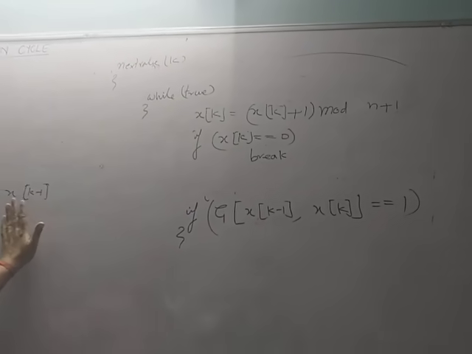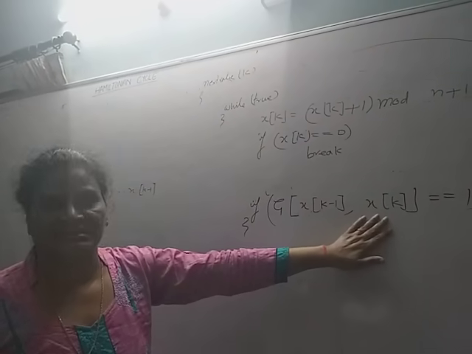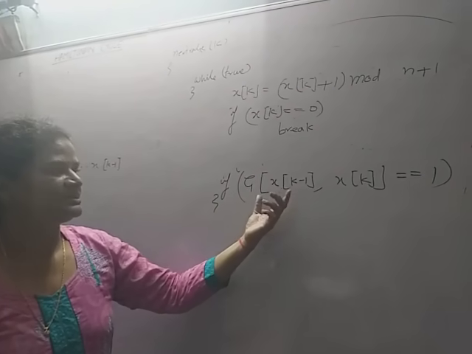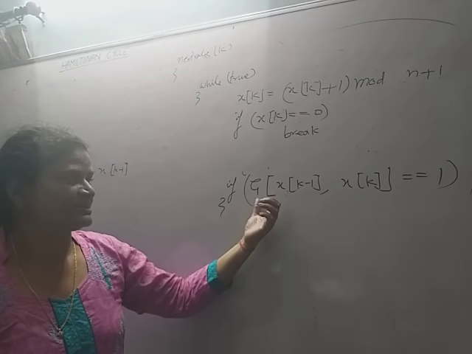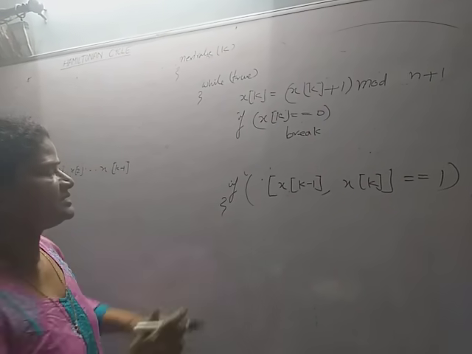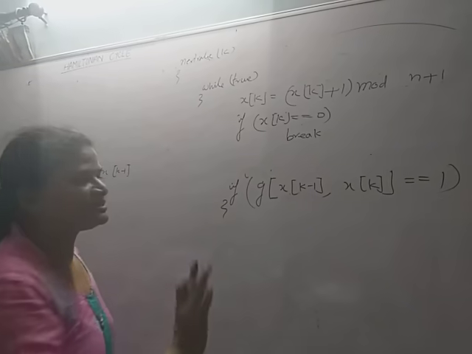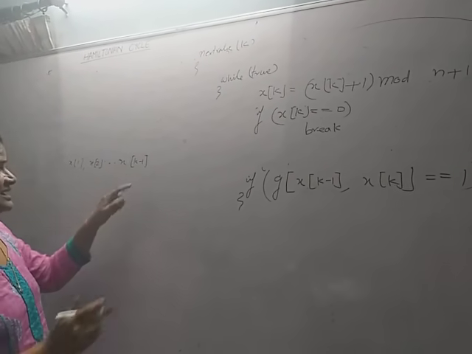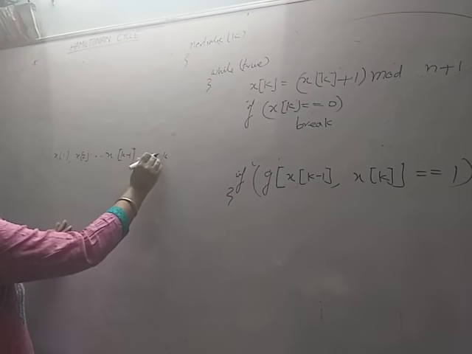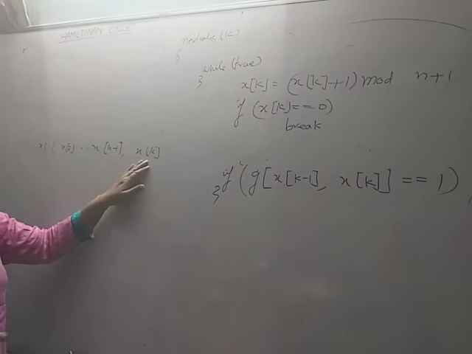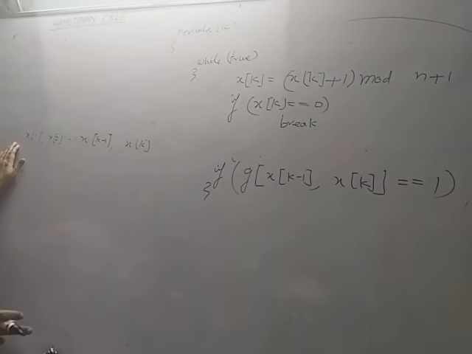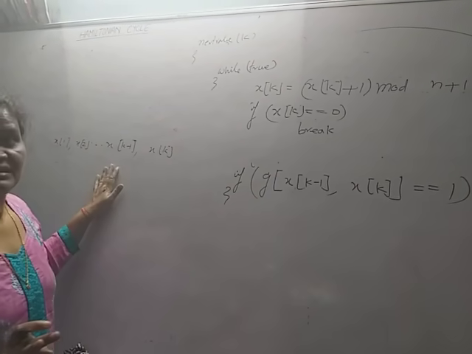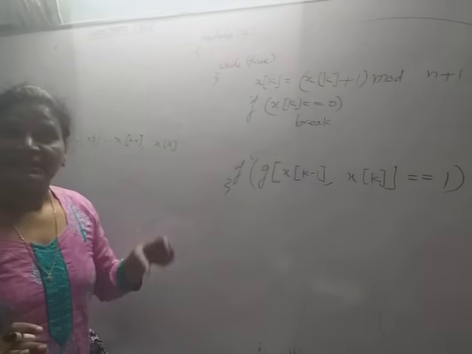Here G is the adjacency matrix of the graph. Next, whatever xk is generated by this expression should be different from all xi's, because this is a path. If this is a path, then all the vertices should be distinct.